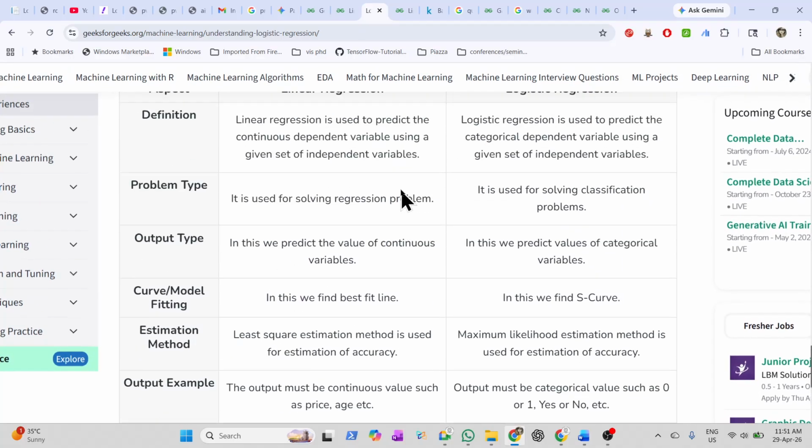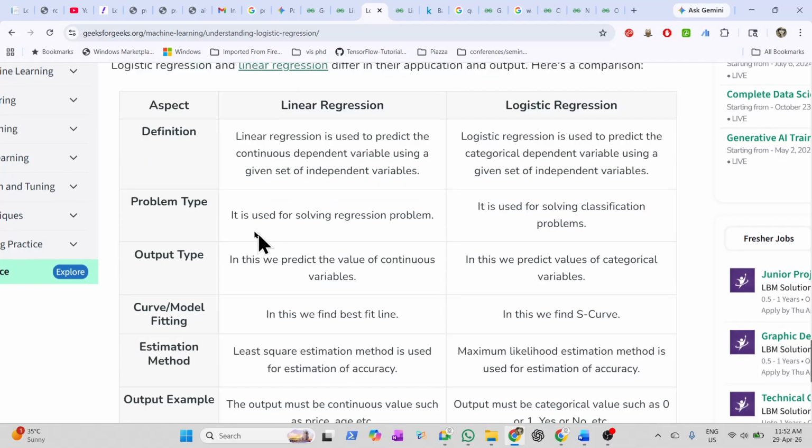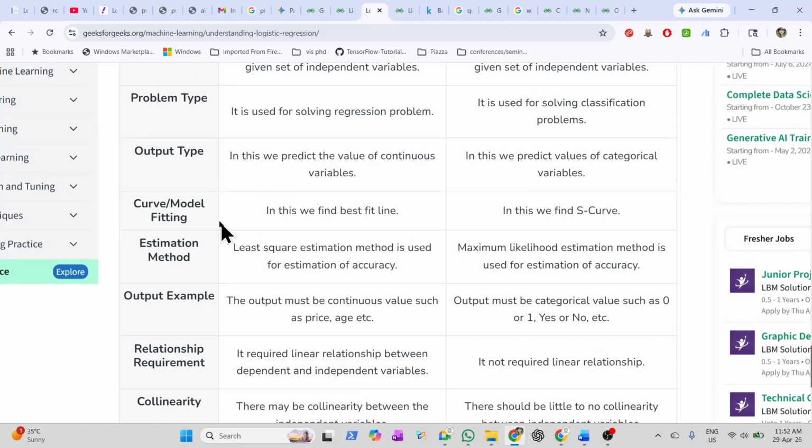So here let us look at the difference between linear and logistic regression. Linear is used to predict a continuous dependent variable. Logistic predicts a categorical dependent variable. The problem type: linear solves regression problems, logistic solves classification problems. Output is a continuous variable versus a categorical variable.